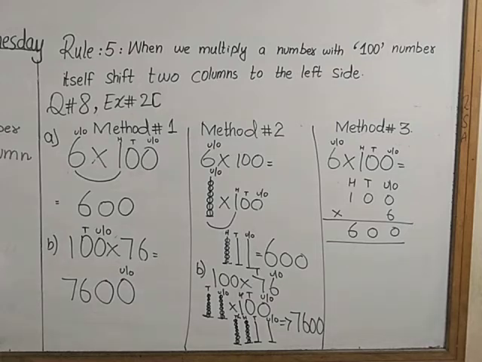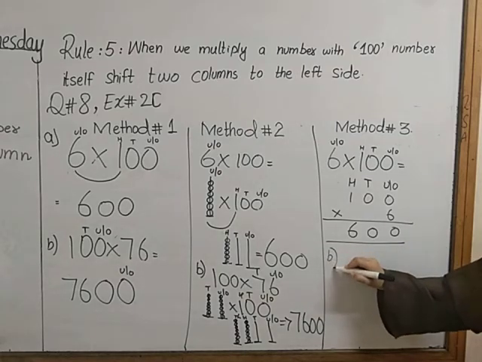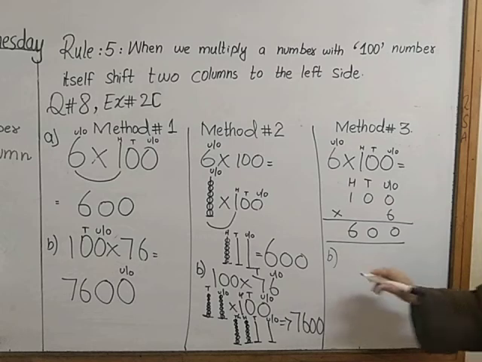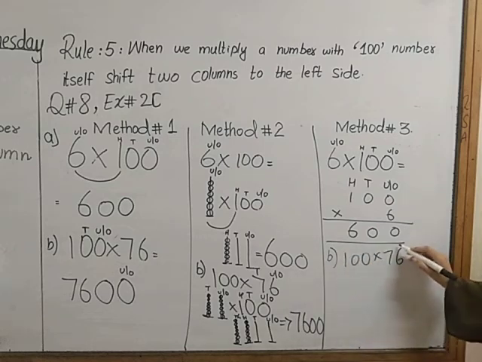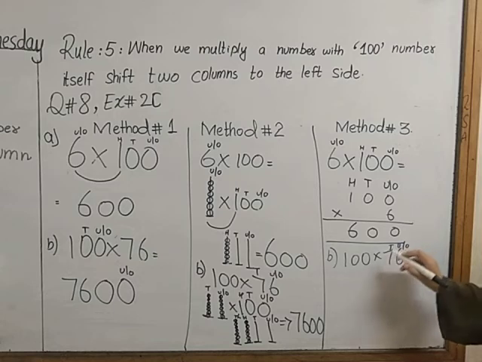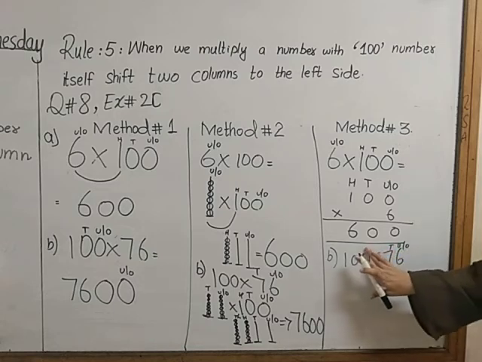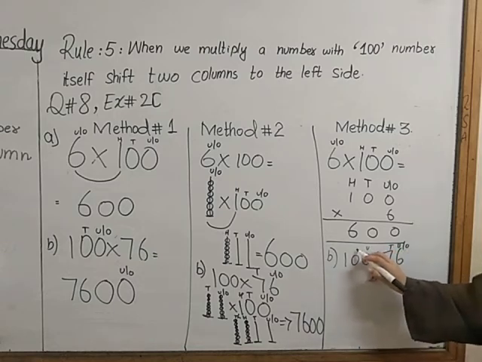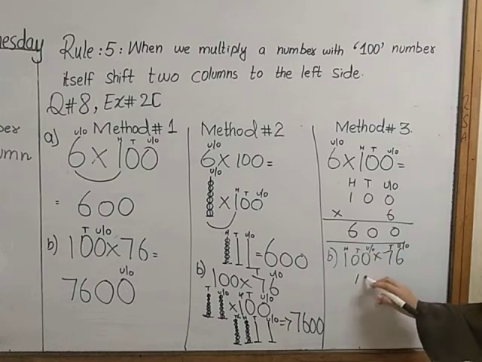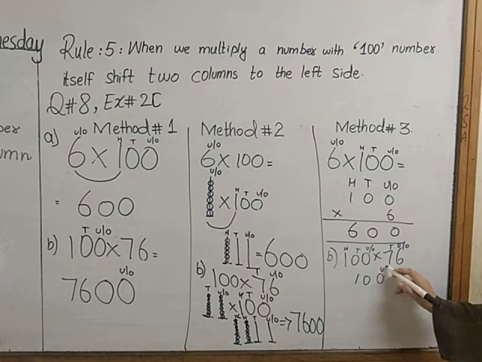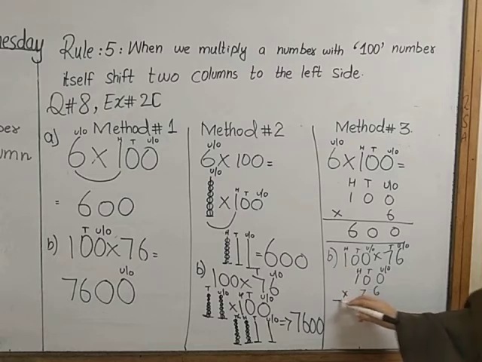Now method number 3 is to change the number into the vertical form. 100 multiplied by 76. Unit or ones, tens and 100. 1, 0, 0 and 76. 6 zeros are?